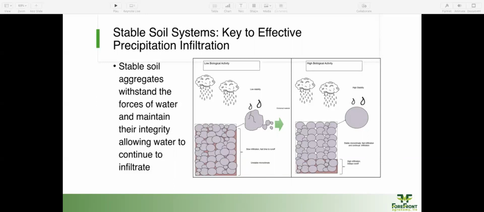We've done lots of infiltration studies using multiple methods, and we found where this ground is not as stable as others, it's taken upwards of 18 hours to soak in an inch, versus on the right-hand side, where you've got better aggregate stability.